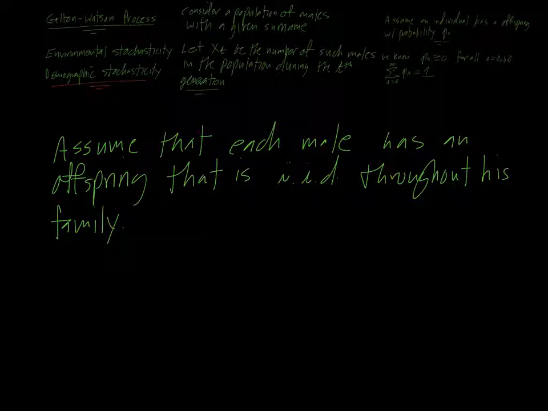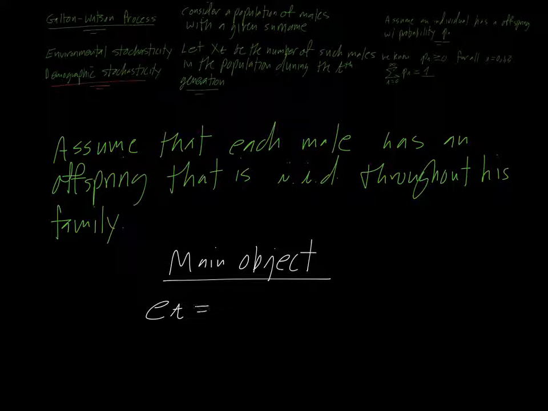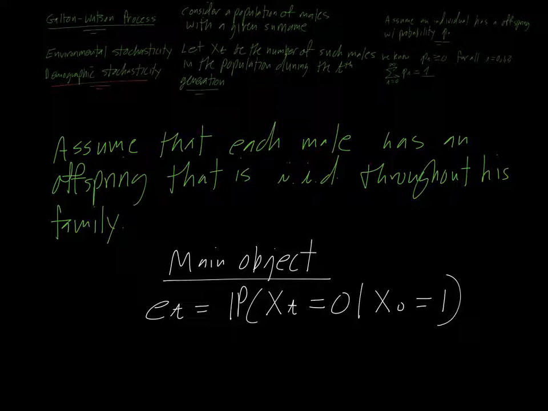And so that's where we get to our main object here. Our main object is E sub t, which is the probability that the population of males is equal to 0 given the initial population started with one individual with that surname.